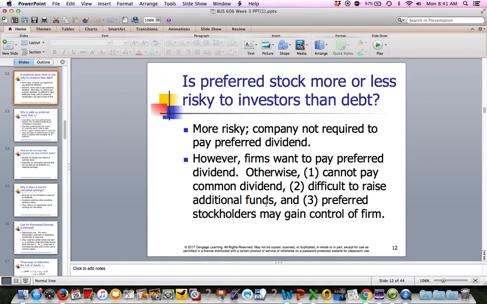Your common shareholders will get a little upset with you. It'll be difficult to sell new shares of stock if you're not paying dividends. And eventually, your preferred shareholders may gain control of the firm with some legal maneuvers. It takes a while, but the bondholders are always first in line with their hands out, ahead of the preferreds and ahead of the commons, when it comes to getting payments out of the corporation.